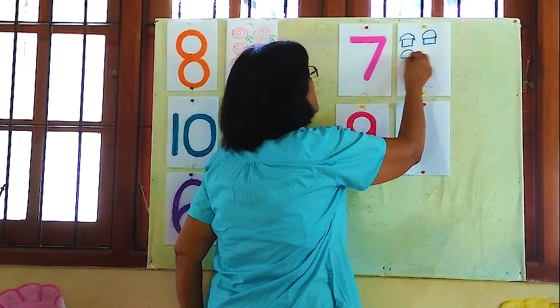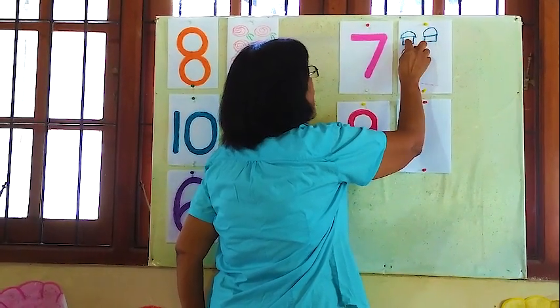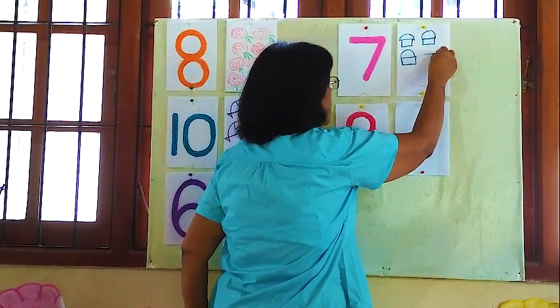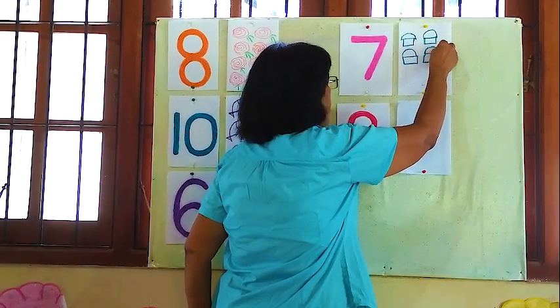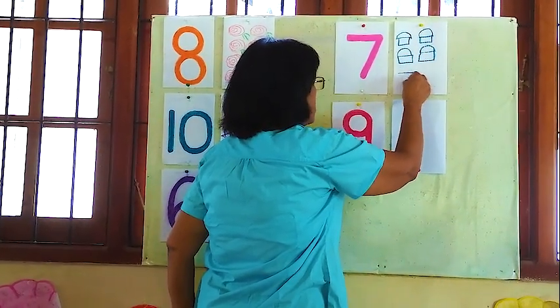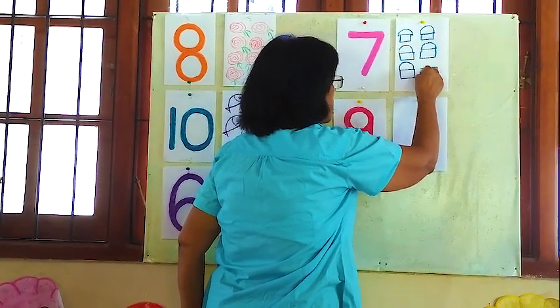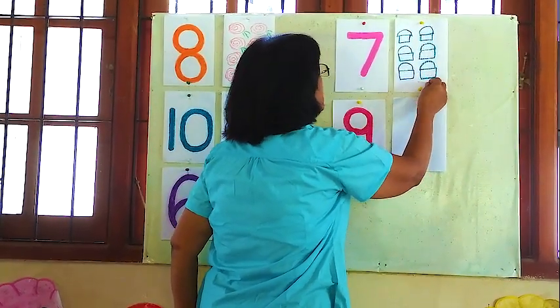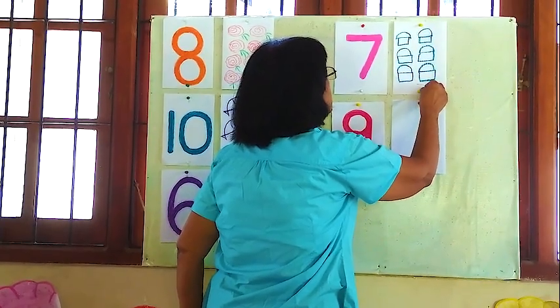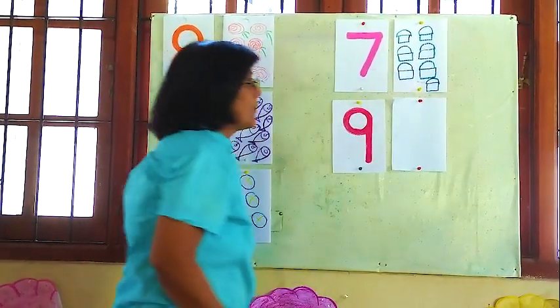Here, 1, 2, 3, 4, 5, 6, 7. How many cupcakes? 7 cupcakes.